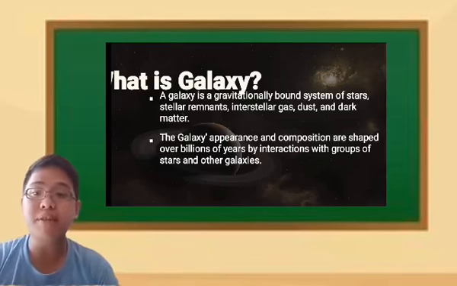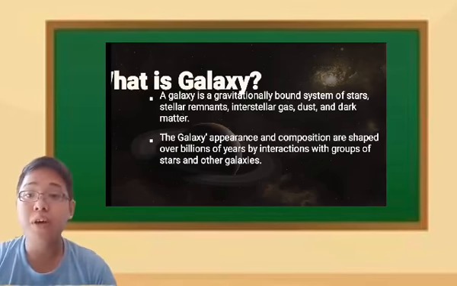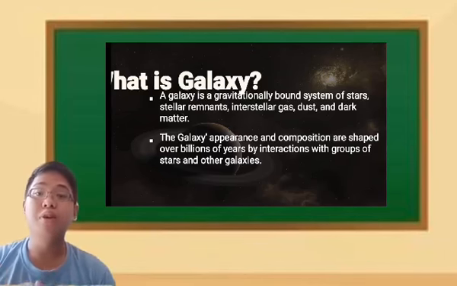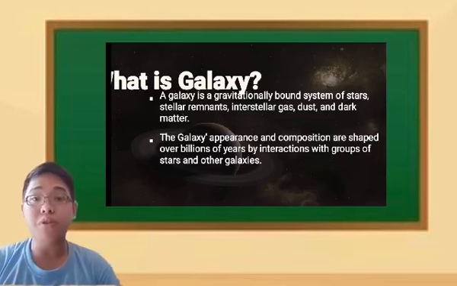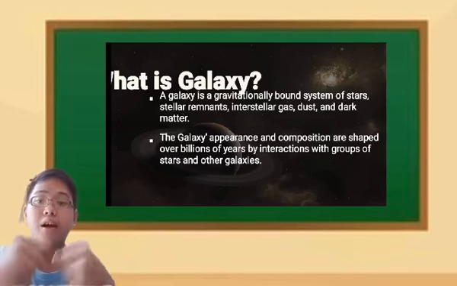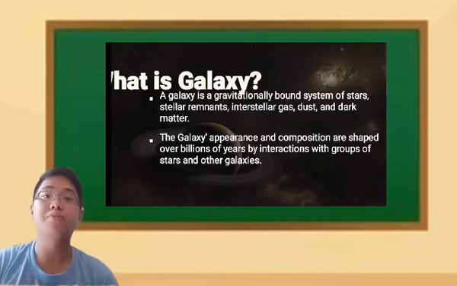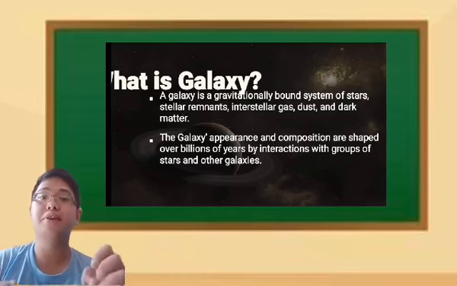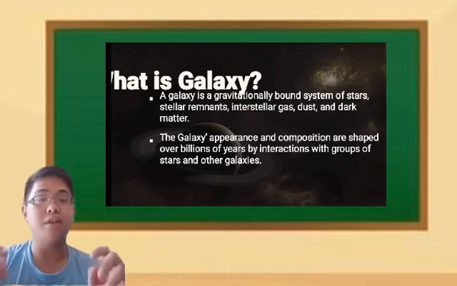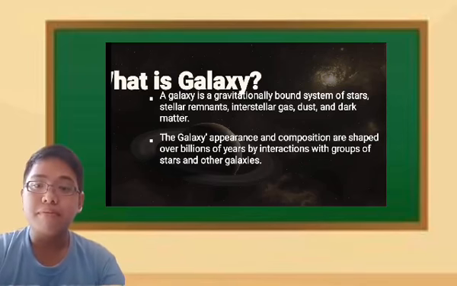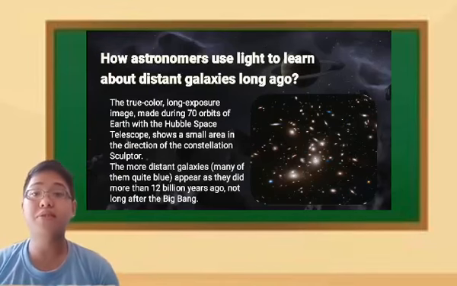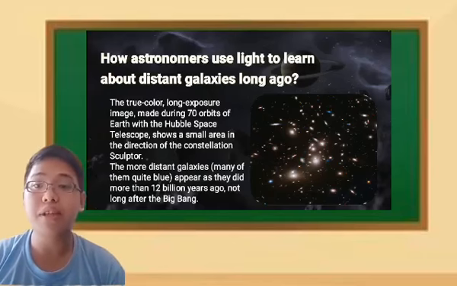The galaxy's appearance and composition are shaped over billions of years by interaction with stars and other galaxies. As a galaxy gets older, a lot of interaction happens inside it: stars, gas, dust, and dark matter interact with each other.